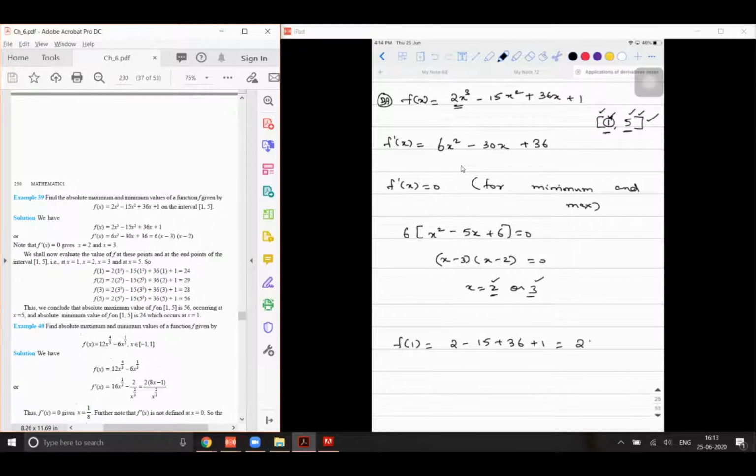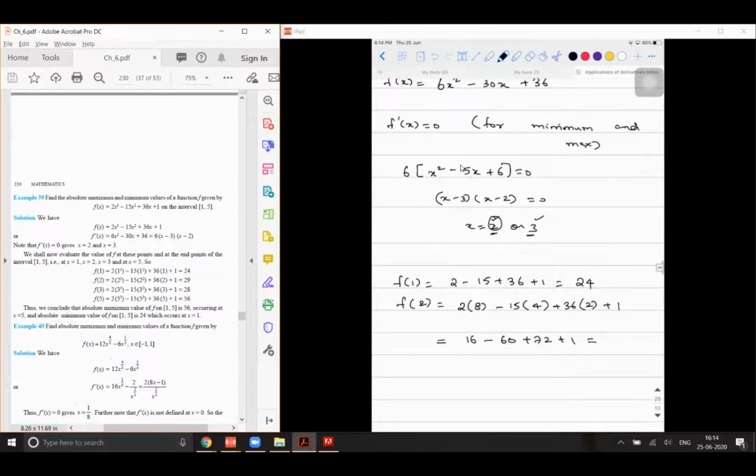So 23 plus 1, 24. Now what is the value of f of 2? 2 into 2 cube is 8 minus 15 into 2 square is 4 plus 36 into 2 plus 1. So the 16 minus 60 plus 72 plus 1, how much is this? 29.